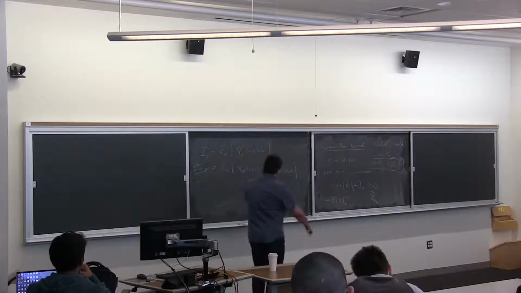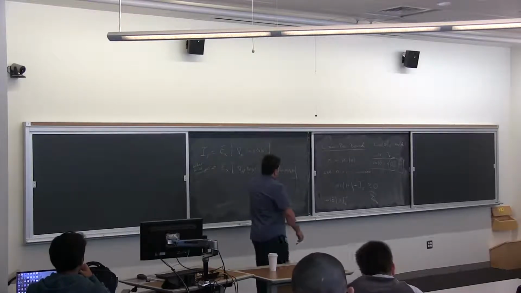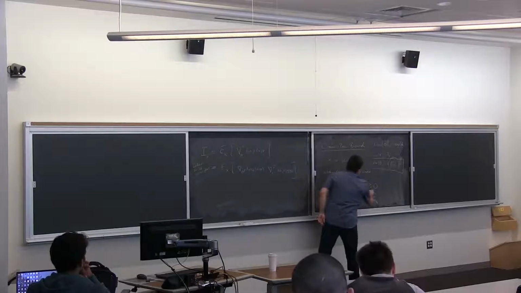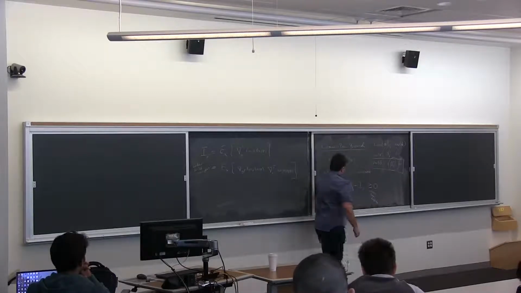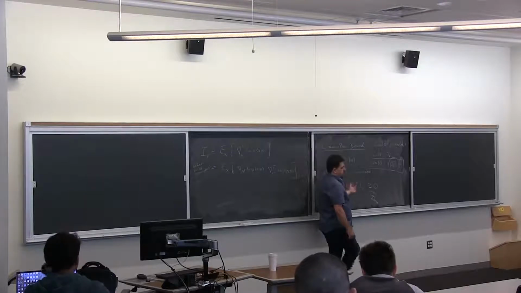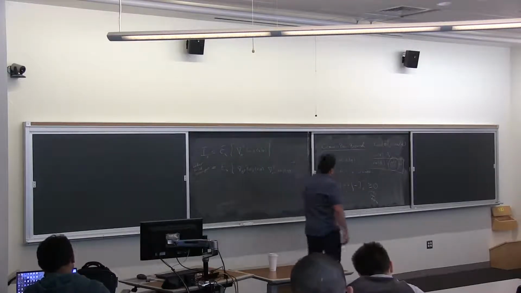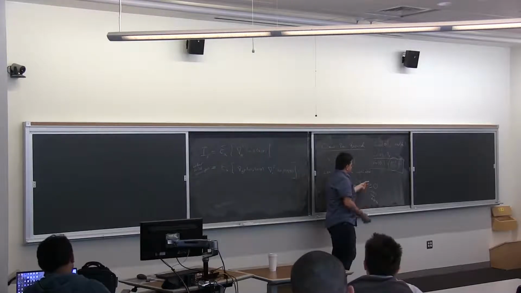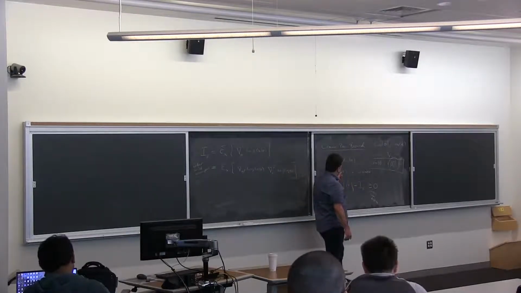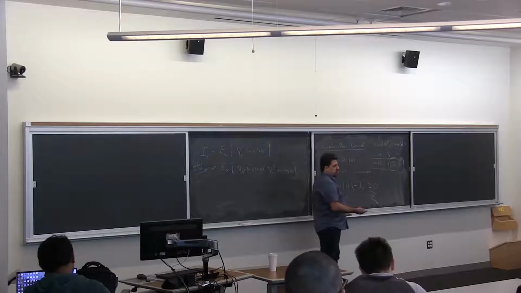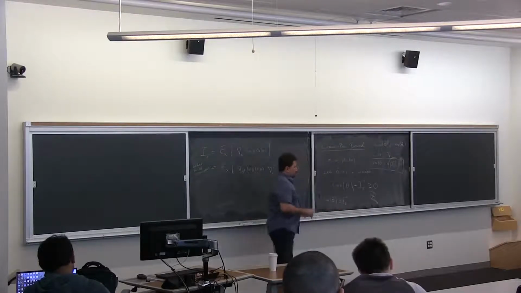So estimators that achieve equality, where the covariance is equal to the Fisher information inverse matrix, are called efficient estimators, because this is the smallest possible variance you can achieve. If you have an unbiased estimator that achieves the smallest possible variance, it's using the data very efficiently.